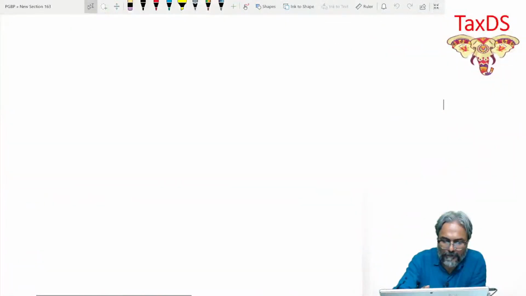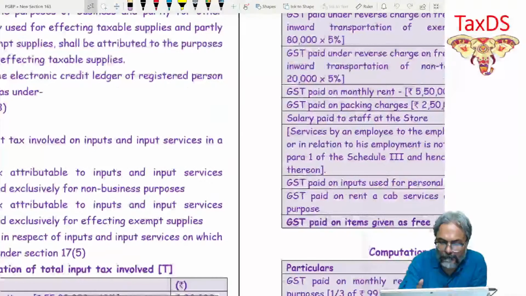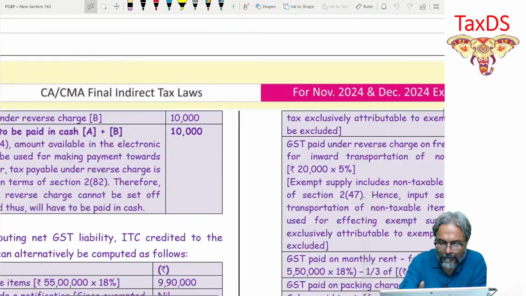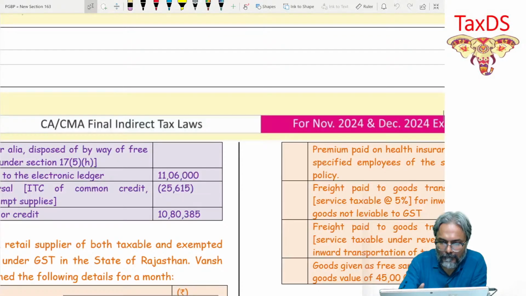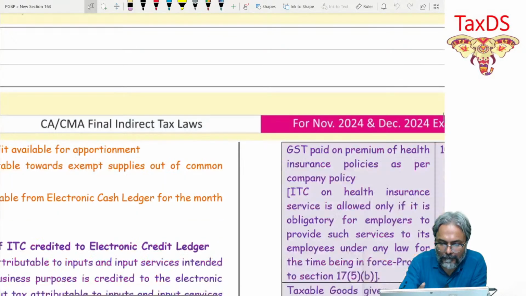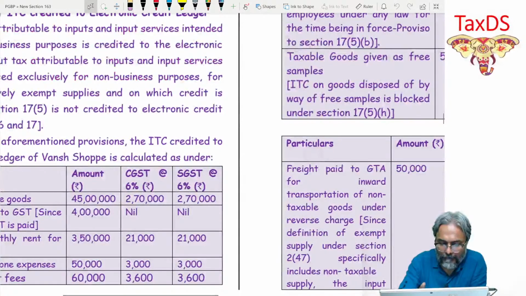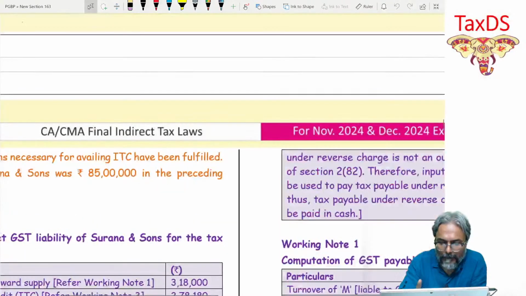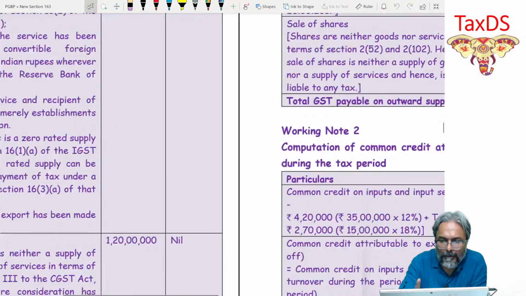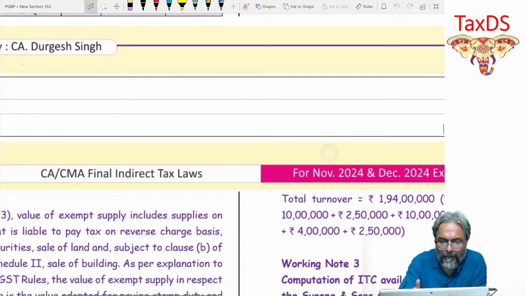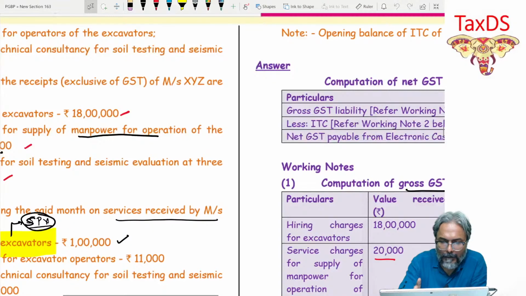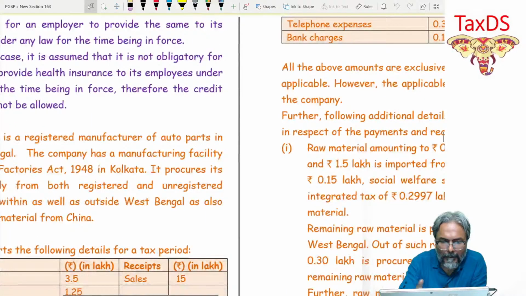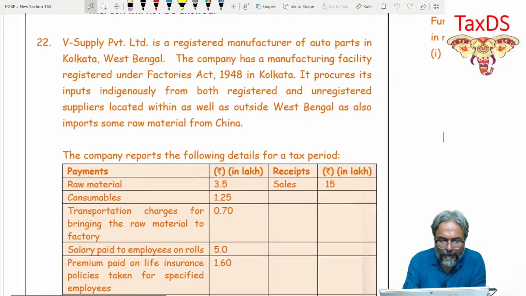Question number 22, students. So question number 22, students, all of you.